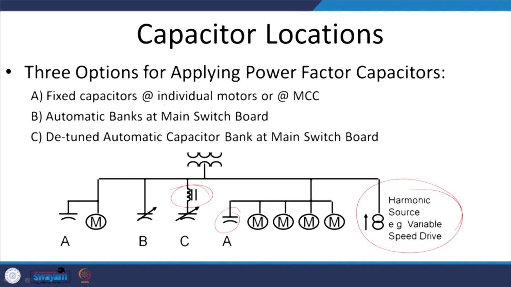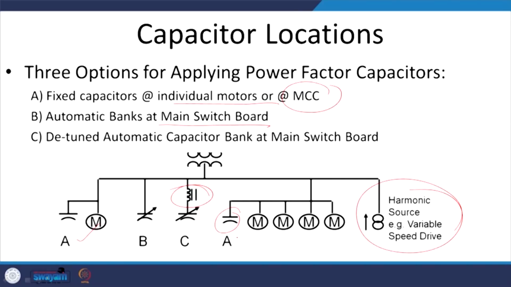A, a fixed capacitor at the individual motor, of the motor rating. Another, B, the automatic bank at the main switchboard, so you can switch it on according to the loading. And the detune automatic bank, that is C, because you may cause a resonance with the main switchboard.